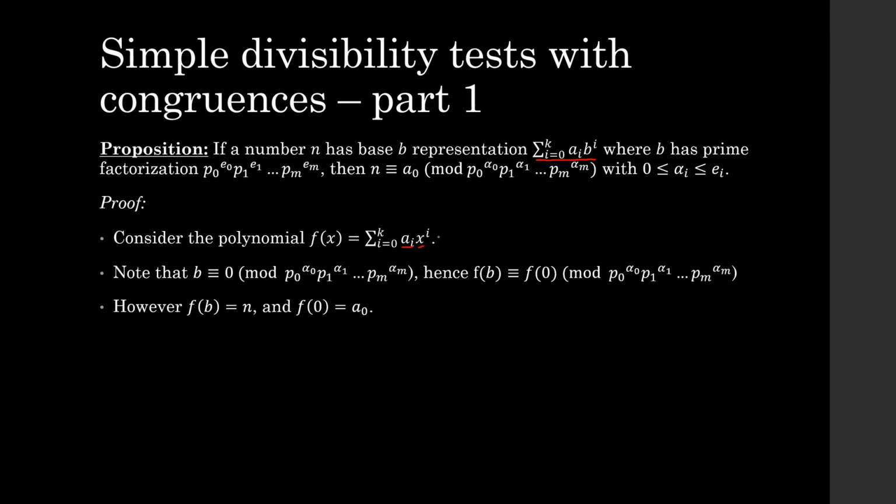All those are going to go to 0 and disappear. But 0^0 is going to give us 1. So a_0 is going to be a_0 times 1, and all the other ones are going to disappear and go to 0. So we're only going to be left with a_0. Hence, n is congruent to a_0 mod that factor. Forgot to write that. And so that completes that proof.